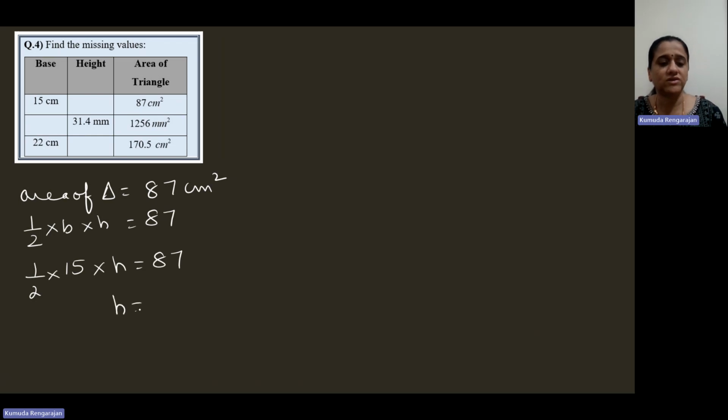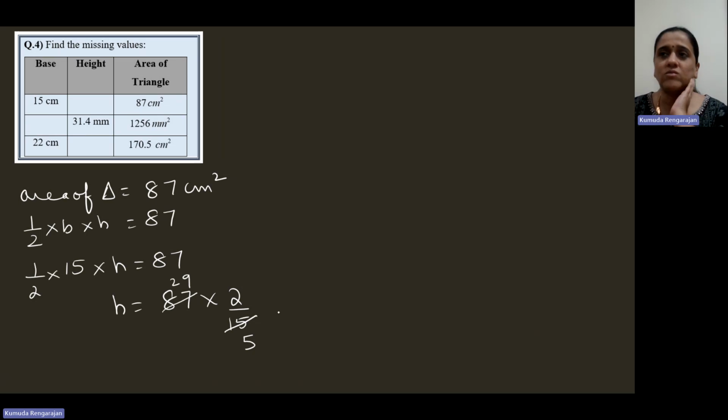So what is h? H is equal to 87 into 2/15, as the 1/2 comes to the other side as 2/15, right? Correct? Now you need to simplify and you can cancel by the tables of 3. 3 5s are and 3 2s are 6 9s are. So now multiply and divide and write the value of h as a decimal or as a fraction.